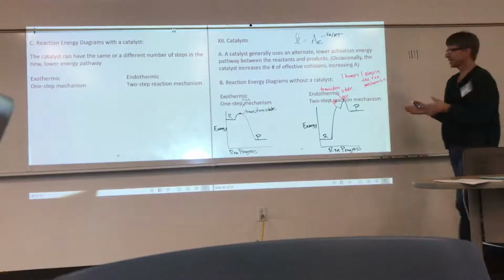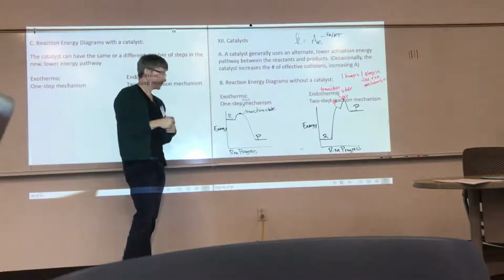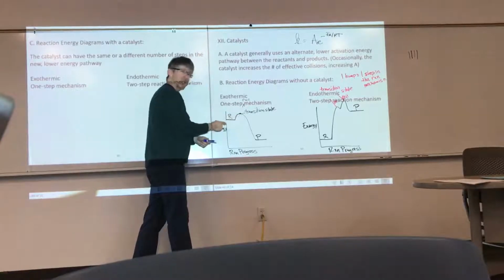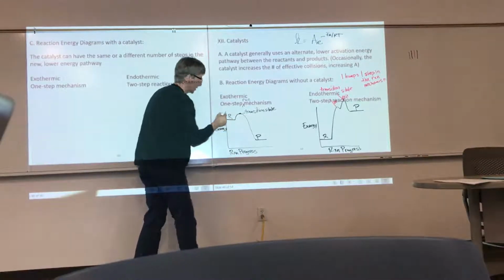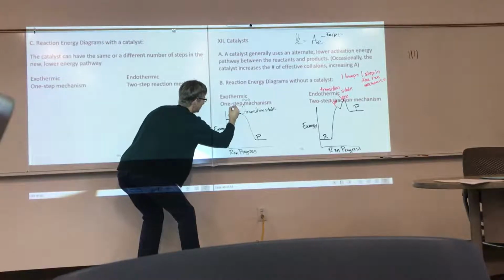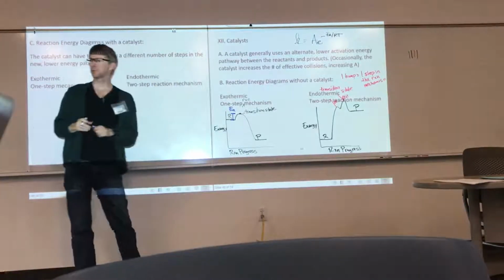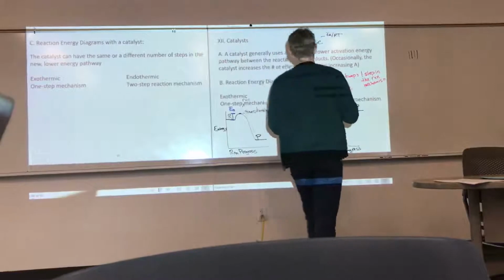Now, in previous examples, I've told you that the activation energy is from reactants to the transition state, and that's pretty easy because there's only one transition state. So, activation energy is right there. But now we have a two-step reaction mechanism, and for a two-step, it is the same idea.